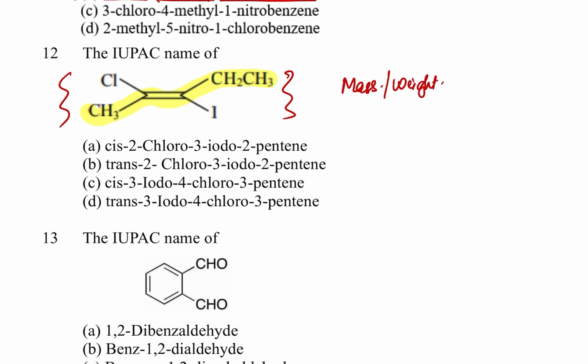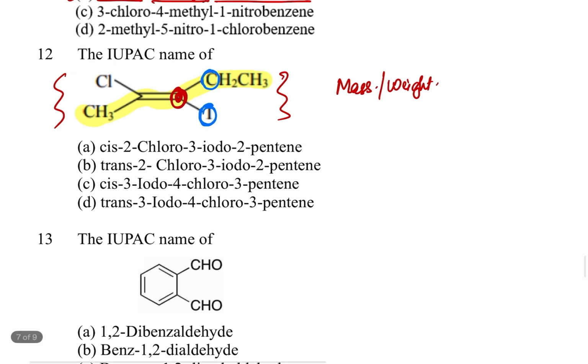With this particular carbon, the attachment is of another carbon and iodine. Out of carbon and iodine, which one has more mass? Iodine gets the more mass, because iodine has the more mass.